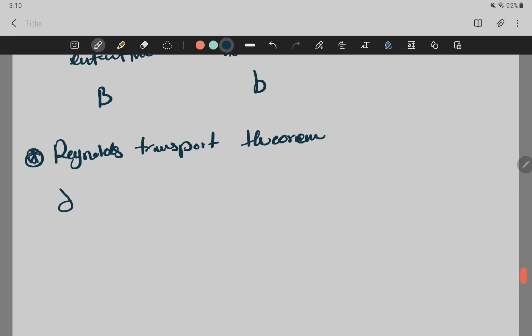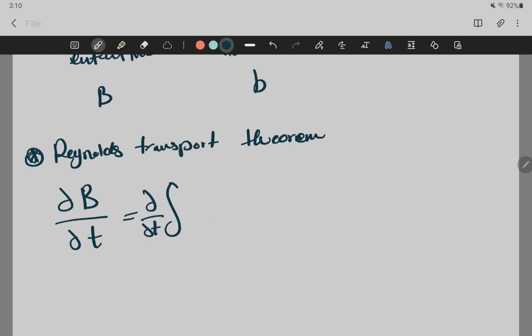The derivative of this extensive property with respect to time is going to be equal to the partial time derivative of the integral of rho b, where rho is the density of whatever fluid you have multiplied by the intensive property, taken over the volume, plus the integral of rho b.